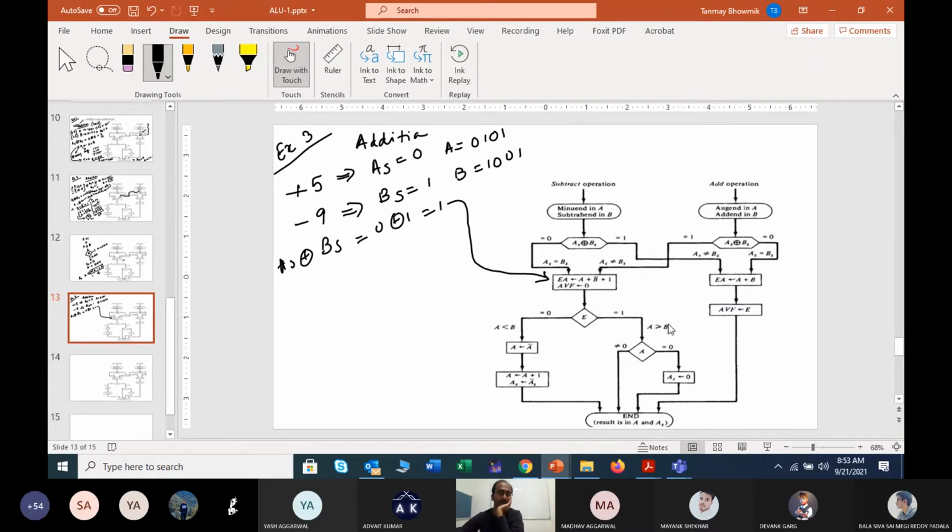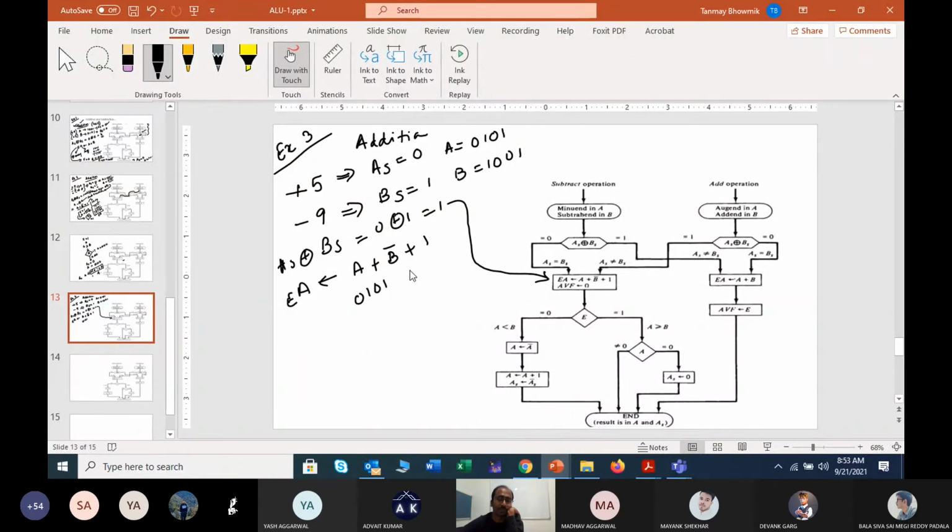Okay. So that means right now your AS was 0. Keep it ready, AS 0. Your A was 0 1 0 1, and you should perform this operation EA = A plus B complement plus 1. Your A was simply 0 1 0 1, your B was 1 0 0 1.